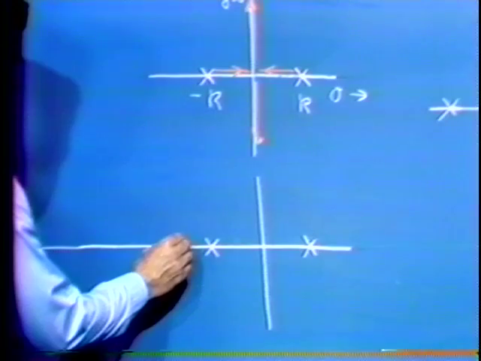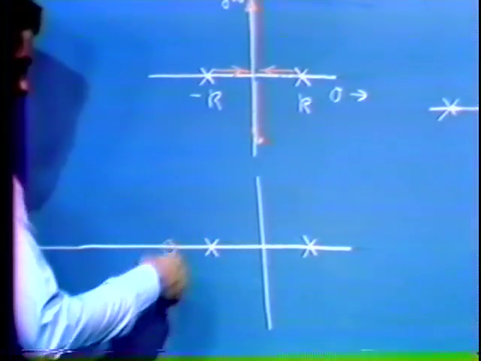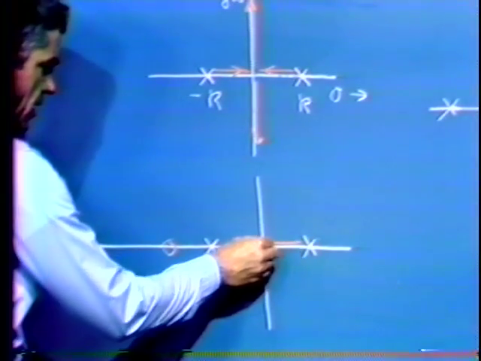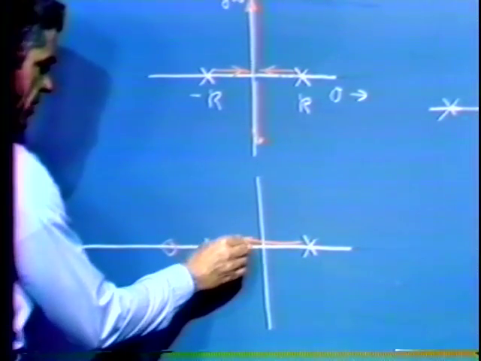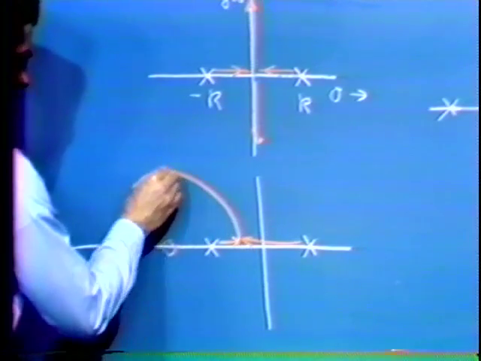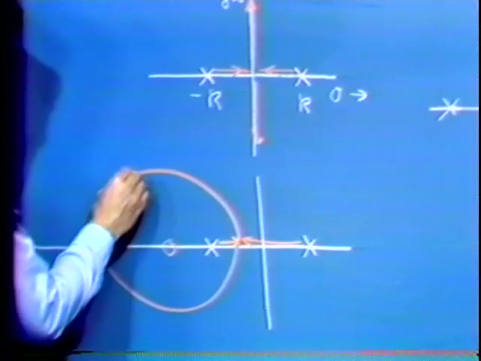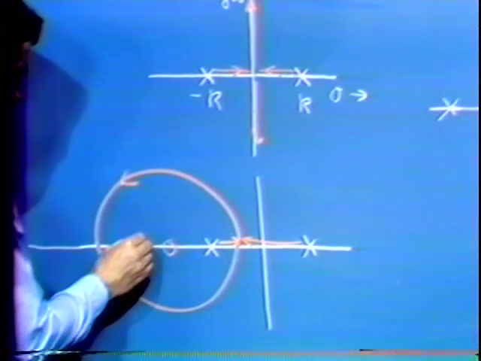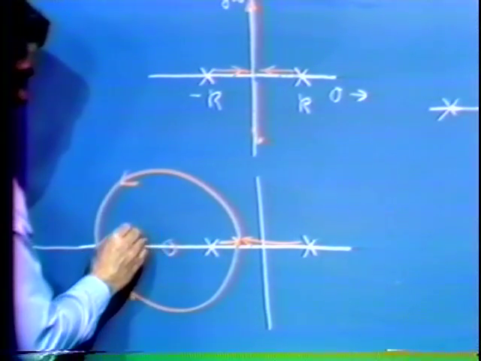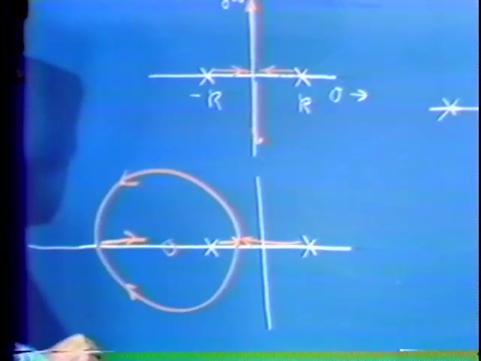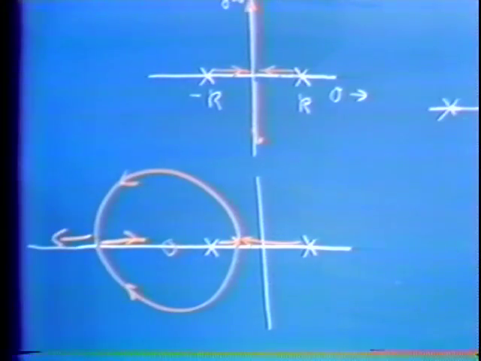Alternatively, we can add a zero maybe out here, and this is one of those systems where the trajectories circle around, so we'd end up possibly with a root locus diagram that looks something like this. Eventually going in that way and out here.